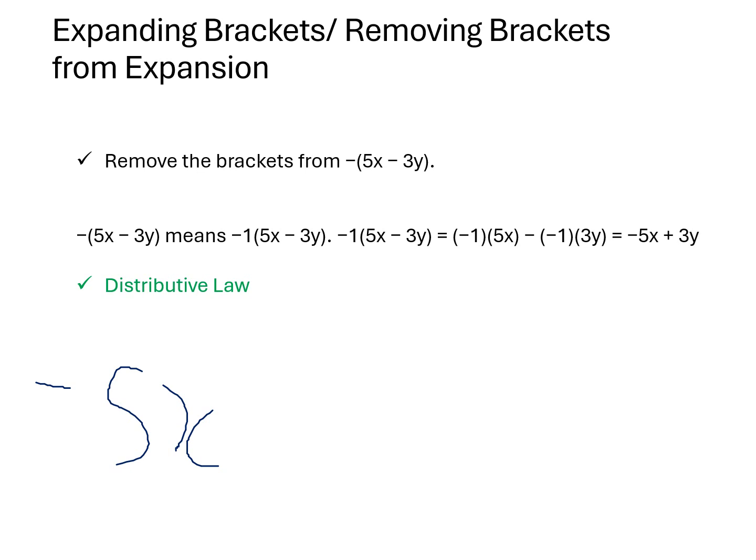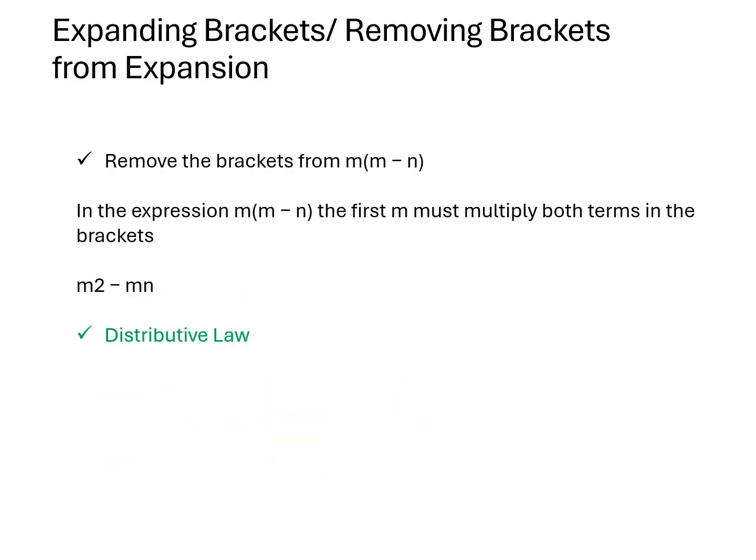The signs are the same, so it's going to be plus 3y. And that's the answer. Unlike terms, we can't do anything more with it. Let's remove this bracket. Easy. m times m is m squared, minus mn. Do we get that?